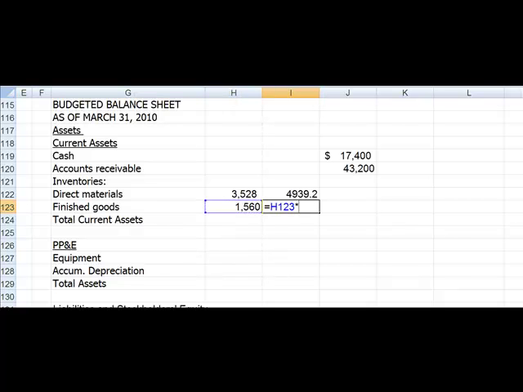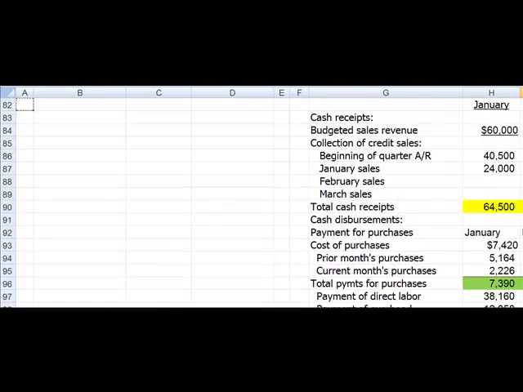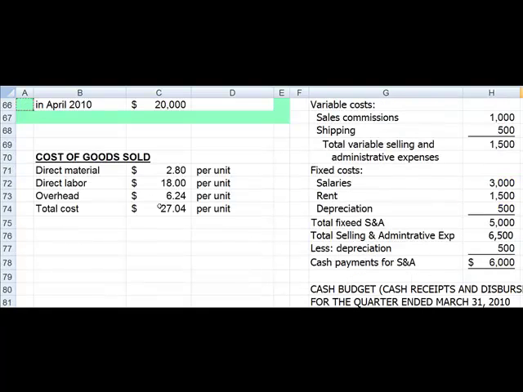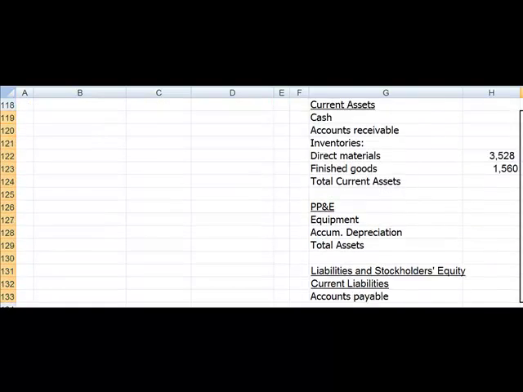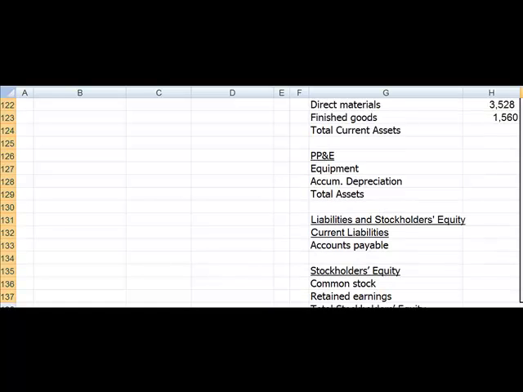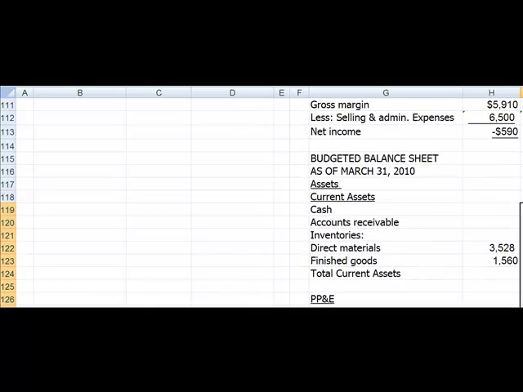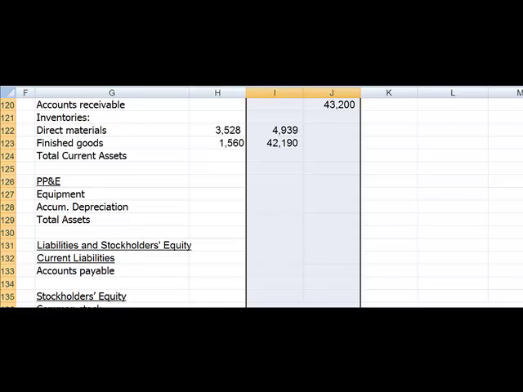So equals times our cost of goods sold per unit that we calculated when we did our income statement. I'm just going to format this so that they fit in the cell, and then bring those over.